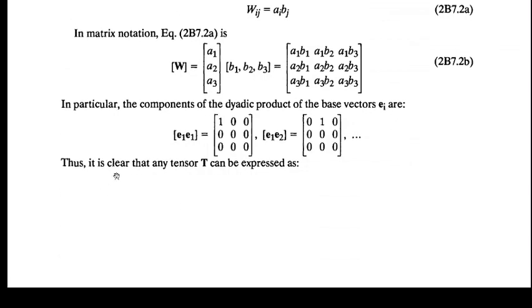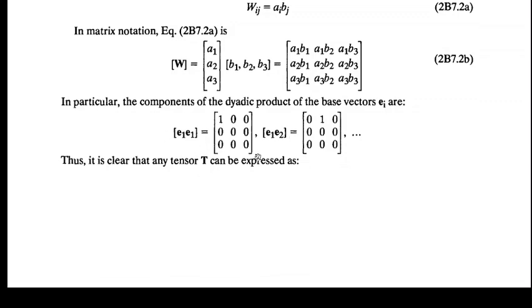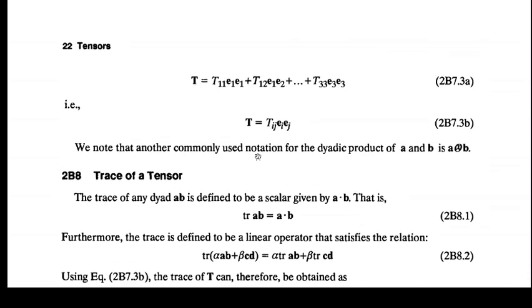So we can write any tensor T as a linear combination of these 9: T equals T11 E1 E1 plus T12 E1 E2 and so on. This is a 3 by 3 matrix, and the whole thing can be written in index notation as Tij Ei Ej.